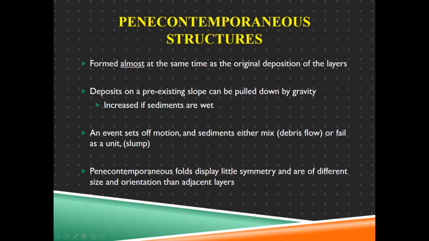Some kind of event usually causes this motion, this change to happen, such as a debris flow. It can result in those turbidites, but where it came from is now a structure like a canyon or a slump or something.